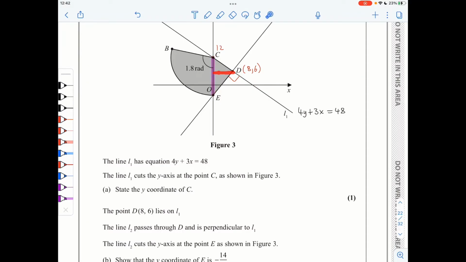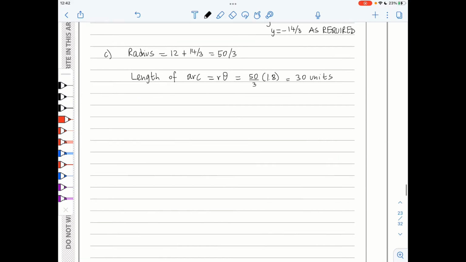Now the height here is simply the x-coordinate of D, which is 8. So I pretty much have all the information I need. So in D, I will say the area is the area of the sector plus the area of the triangle.